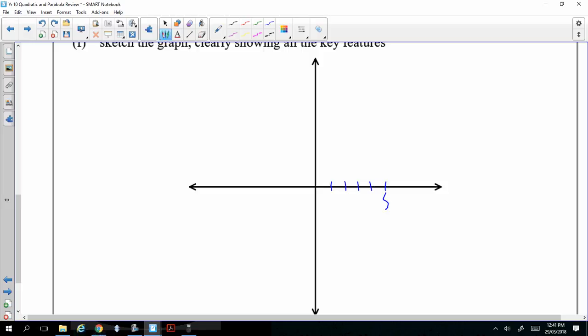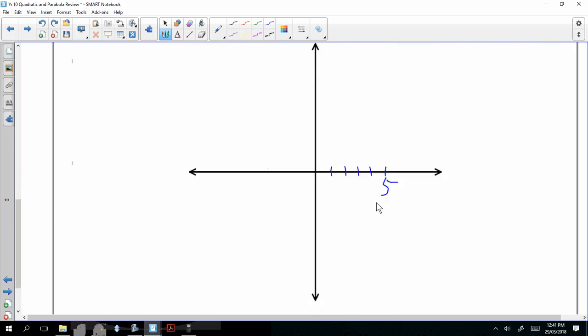Okay? And your y-intercept is negative 15.